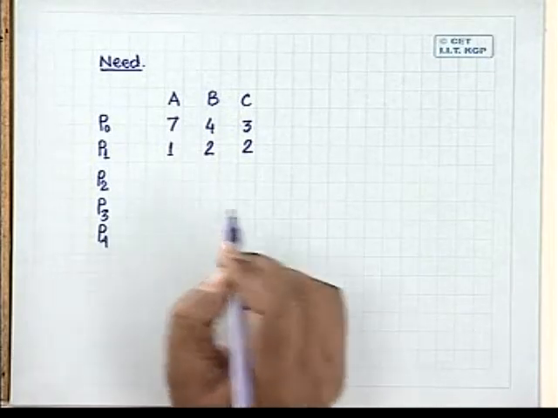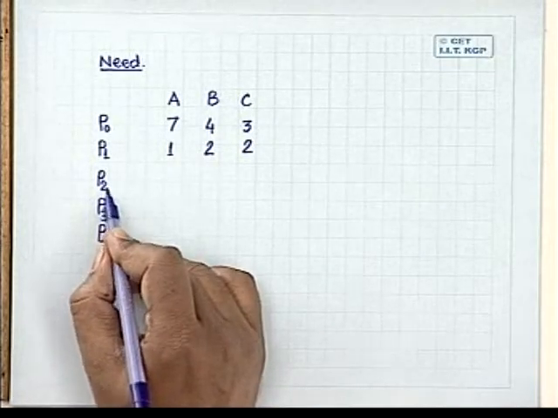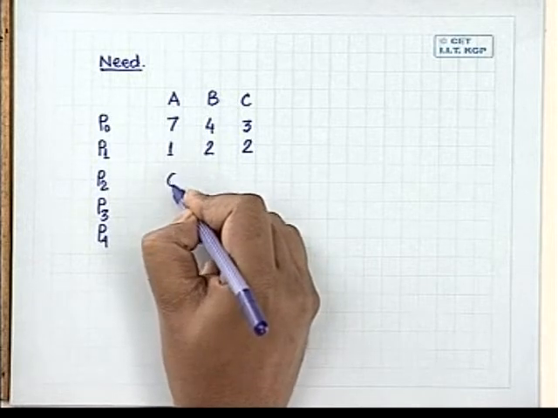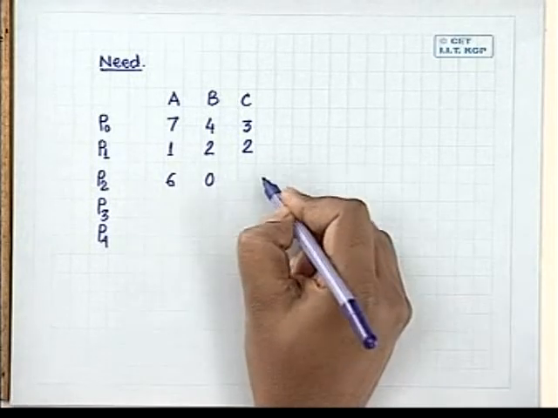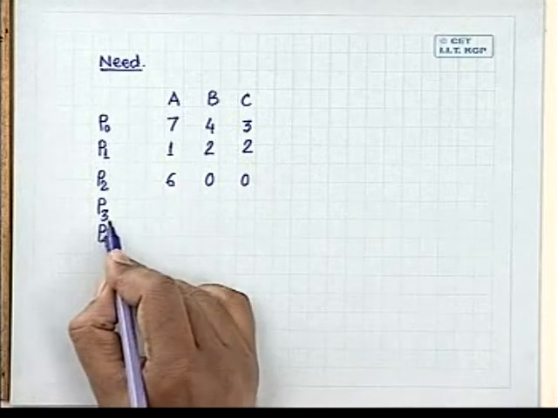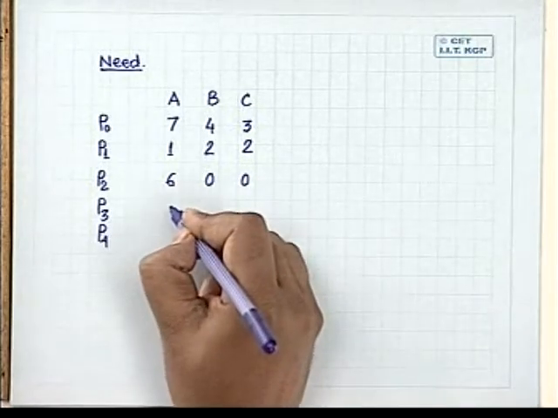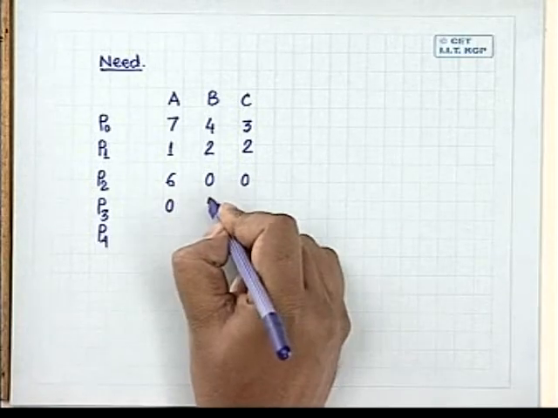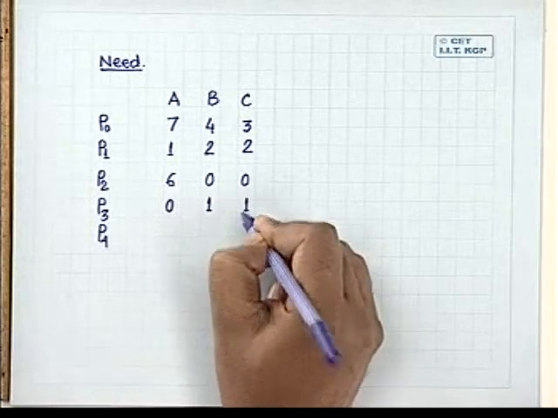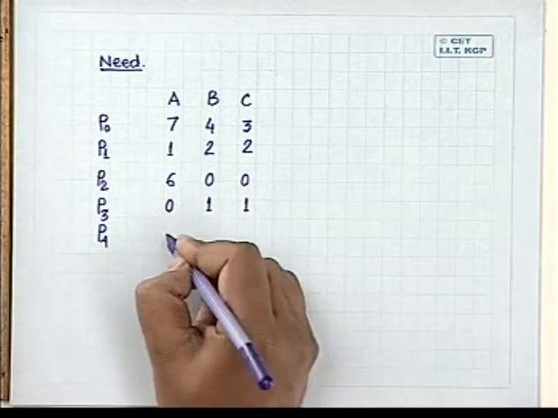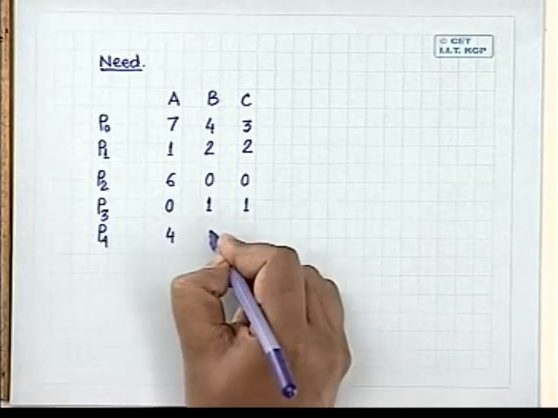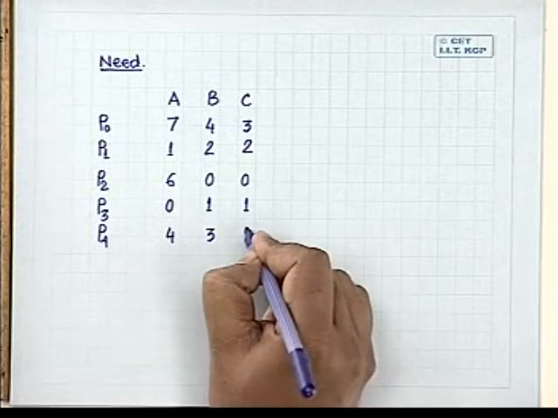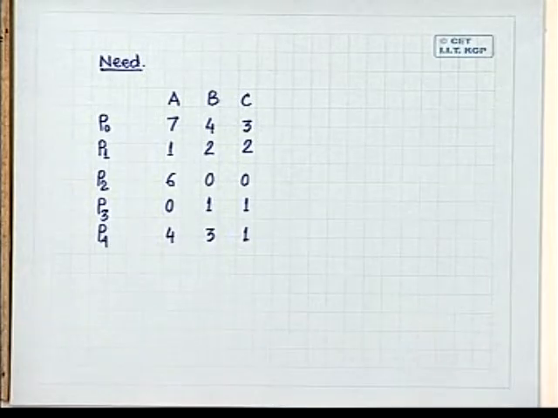Similarly, if you compute, you will find that for P2, the need will be 6, 0, 0. For P3, the need will be 0, 1, 1. And for P4, the need will be 4, 3, 1. So this is how we compute the need matrix.